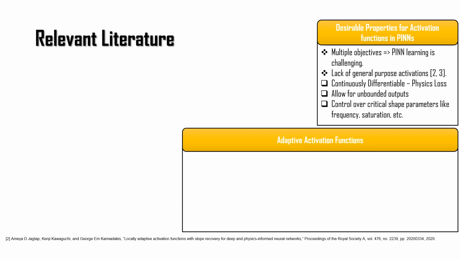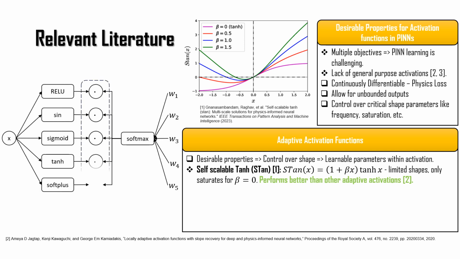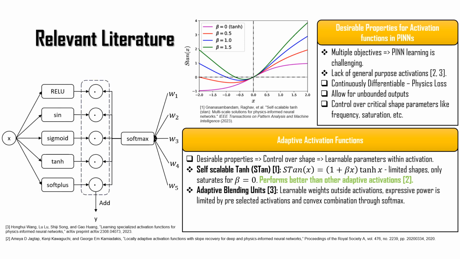In the literature, several adaptive activations for PINNs have been proposed, and we highlight two key ones here: self-scalable tanh (STAN) and adaptive blending units (ABU). We see that self-scalable tanh has saturation regions only for beta equals 0 and takes on a limited set of shapes.